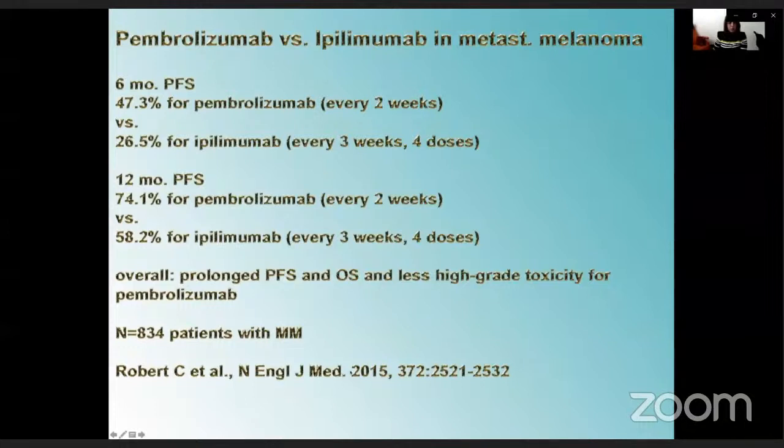In this publication in the New England Journal of Medicine of 2015, the authors found that the 12-month progression-free survival is 74% for pembrolizumab as compared to 58% for ipilimumab. So it's a great difference between the two curves.